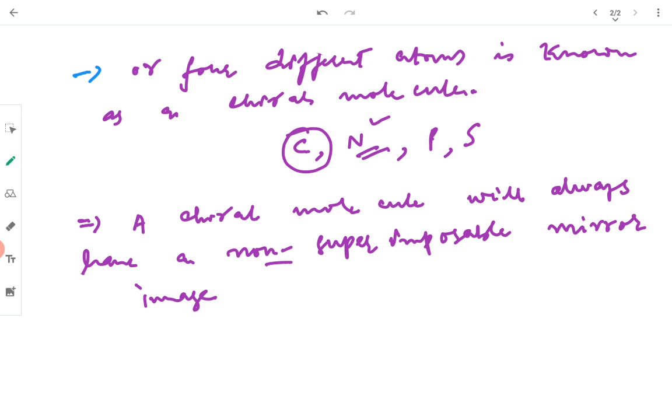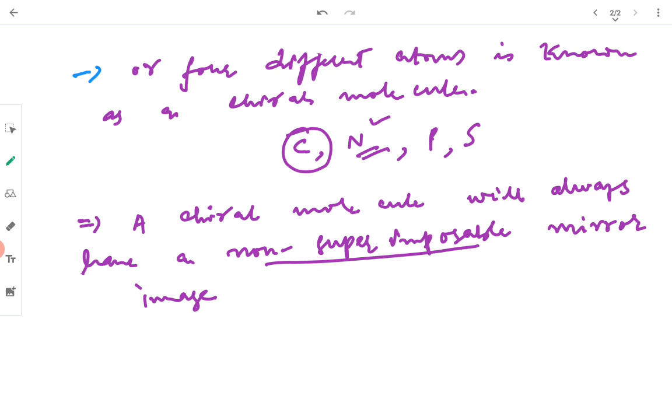What is this non-superimposable mirror image? It means if you want to superimpose the two molecules, two isomers, they will not superimpose on each other. Some groups may superimpose, but all the four groups will not superimpose. Such an image is known as a non-superimposable mirror image.